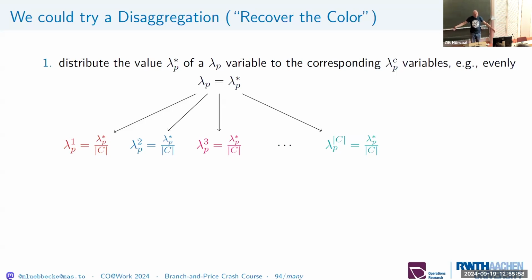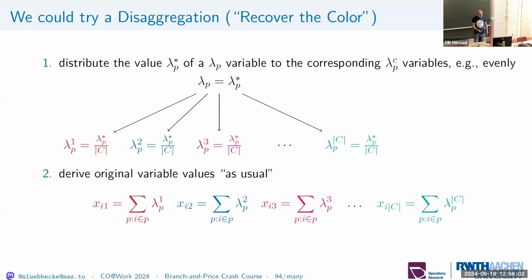It's horrible, but it would work. From this, you could then say, okay, now I have stable sets in certain colors, and for every vertex, you just sum over all the stable sets that contain a vertex, and this gives you the original x vertex-color variable values. The original values you could branch on when they are fractional.